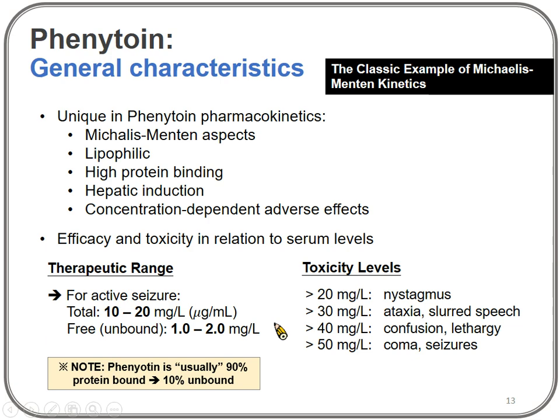And if that is the therapeutic goal, then measuring the free-form, or unbound form, phenytoin level is just 1/10 of that. So it's from 1 to 2 milligram per liter.